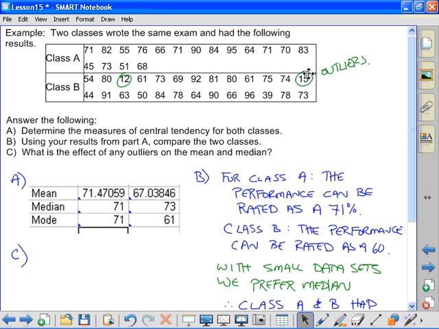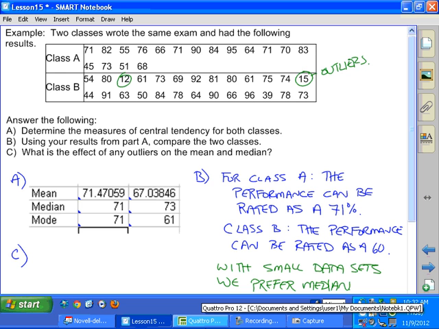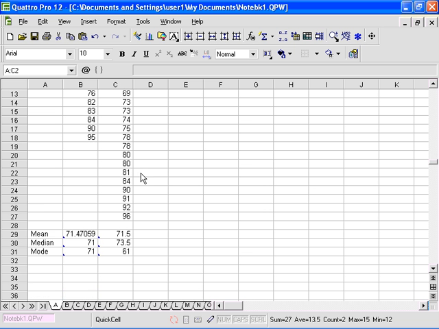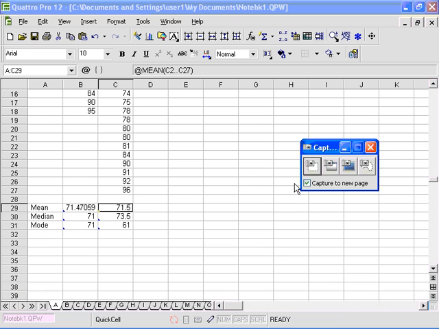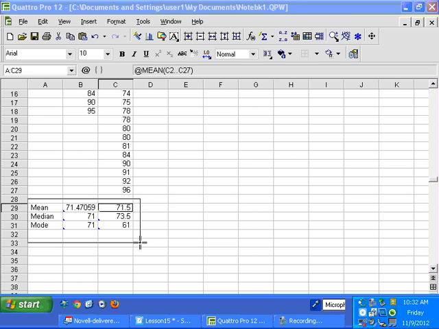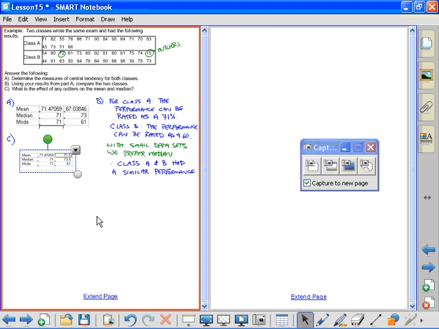Okay, so if we went back to the data and we assumed that 12 and 15 were eliminated, so I'll delete them. When we look at our new data, we see that the median is now 73.5, but the mean is 71.5. So if I just bring that forward for a second, make the comparison a little bit easier, we notice that there's a bit of a difference when we eliminate that outlier.